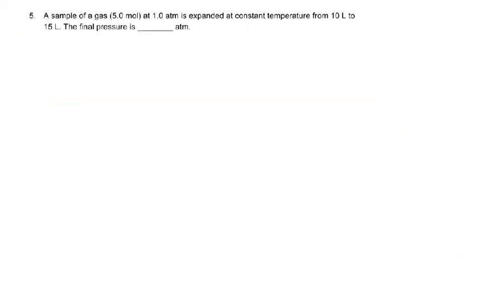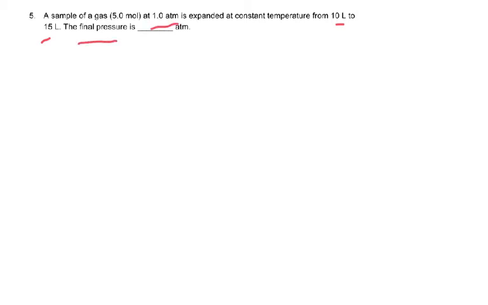So the next problem says a sample of gas, it's 5 moles, at 1 atm is expanded at constant temperature from 10 liters to 15 liters. We want to find the final pressure in atmospheres. So we have an initial volume, a final volume, an initial pressure, and a final pressure.